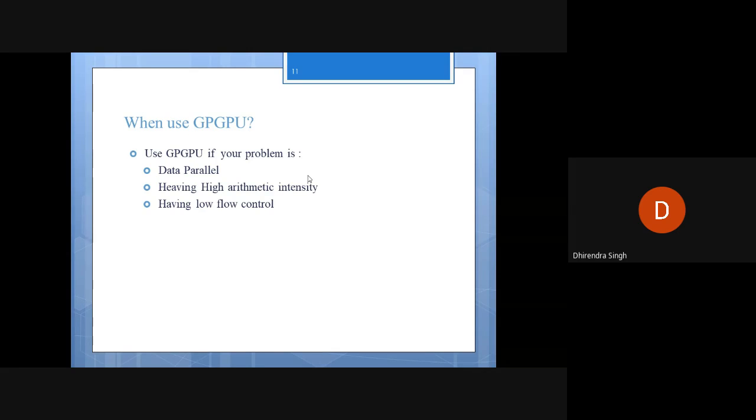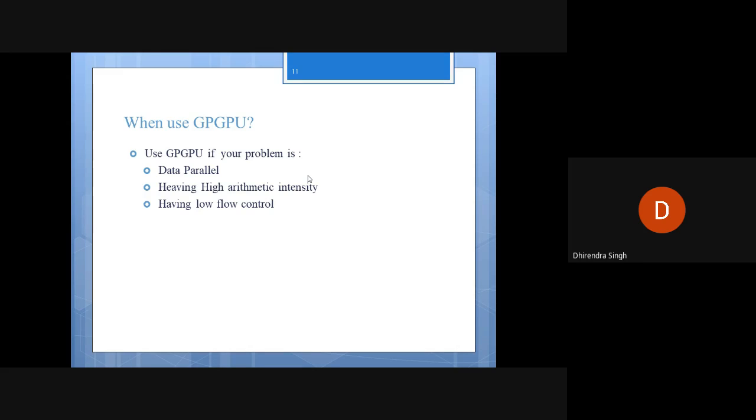You have a simple function, and that function should be called multiple times, and every time it is working on a different data item. For that purpose, the GPU computing concept will be good. There will be no problem.